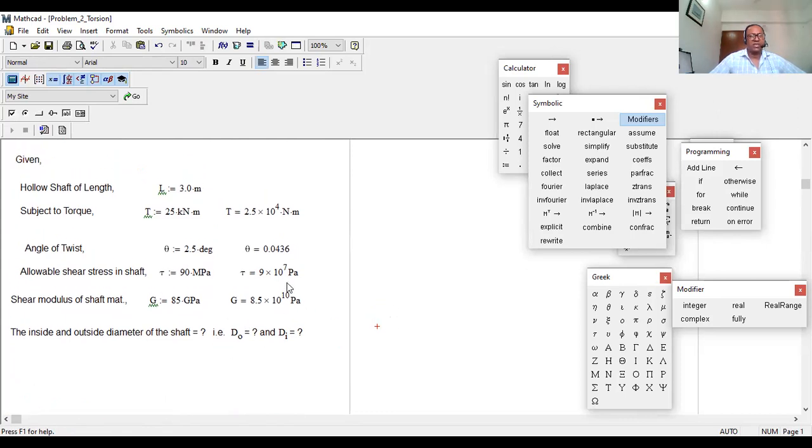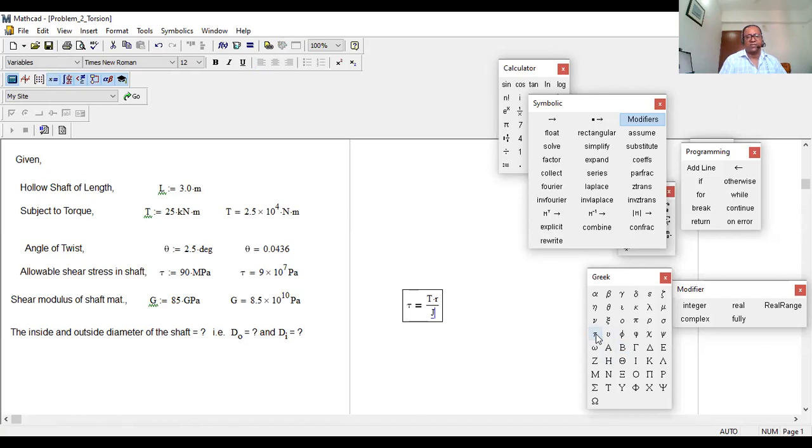So you see the tau value is given, and you have one formula. You can say tau equals torque times R divided by J. You see torque is given, R is not given.